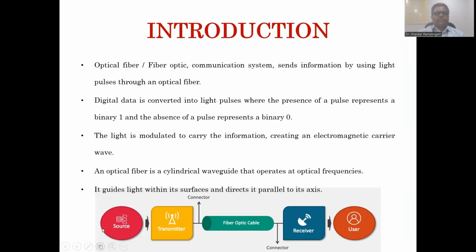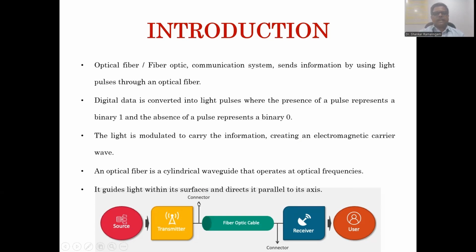Here in this picture, we may see this is the source from where our information is being sent to the other side, for example, the user that is present at the other side of this communication system. This source is going to send its information through a transmitter. This transmitter is going to have signals in electrical form, and this electrical signal is going to be converted into our optical signal by means of various processes.